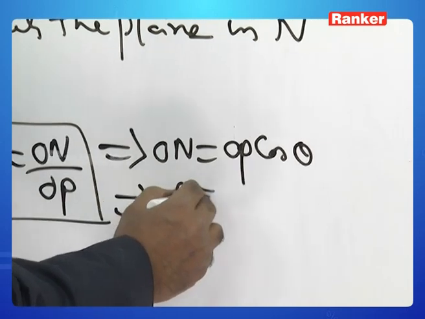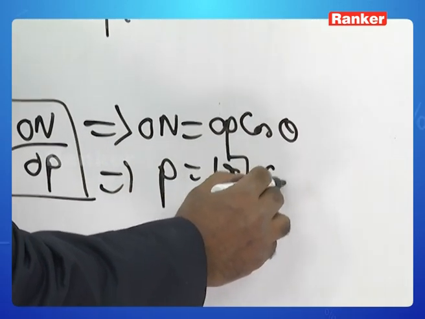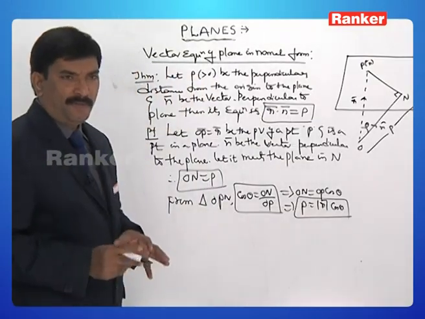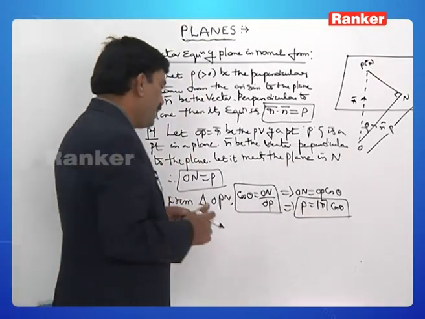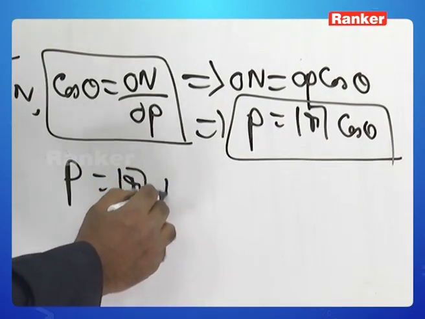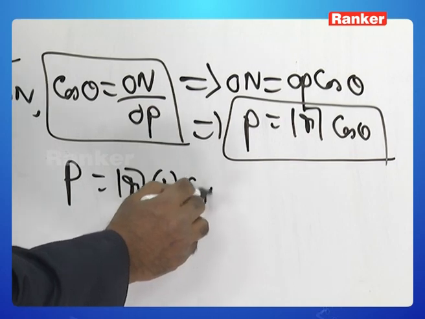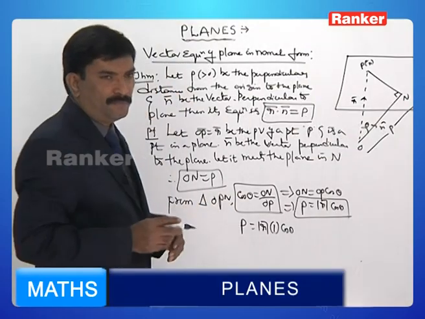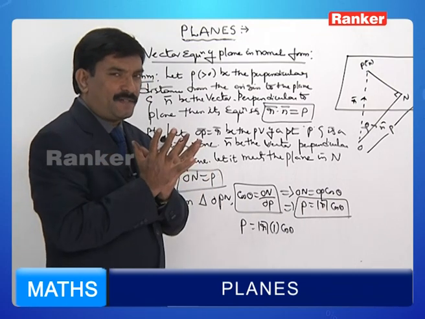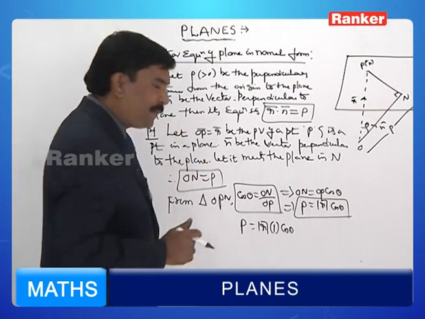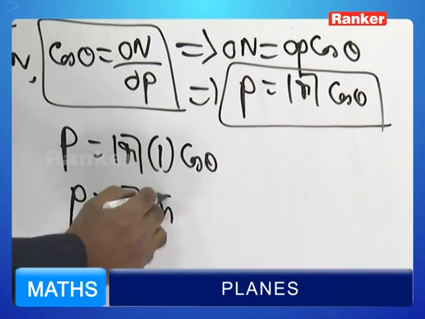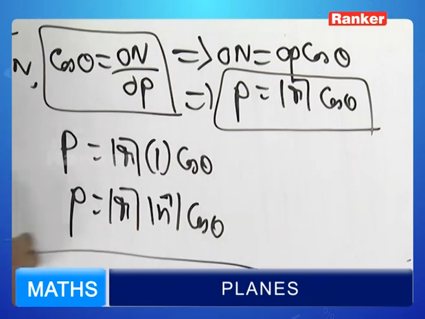Therefore, this is p is equal to modulus of r bar into cos theta. Nevertheless, I am going to write p is equal to modulus of r bar into 1 into cos theta. That one I interpret in a different way. What is that? P is equal to modulus of r bar into modulus of n cap into cos theta.